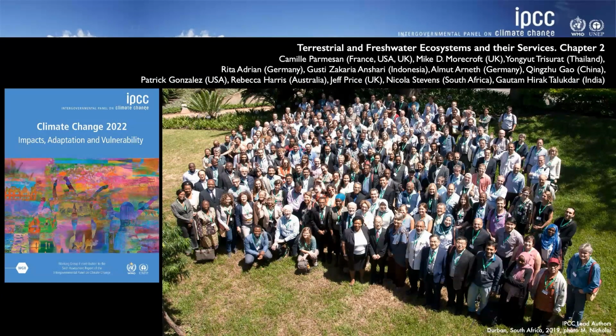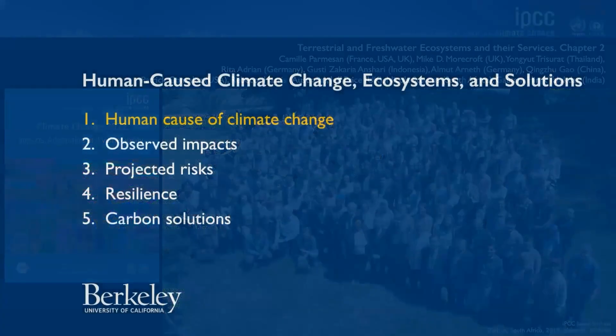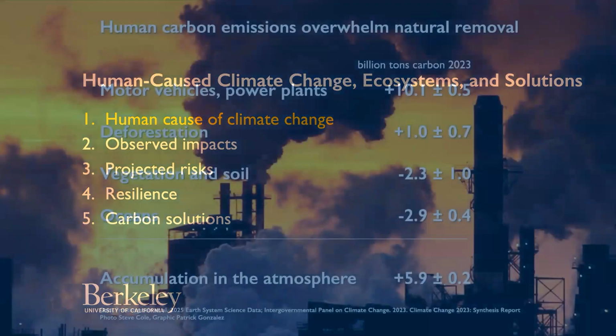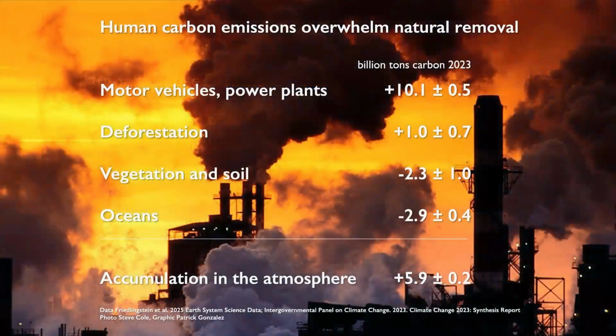And so I'm going to show you a lot of the results on ecosystems and biodiversity, and then more recent results on ecosystems and biodiversity, starting with the human cause of climate change, which is important because it points us to the solution.